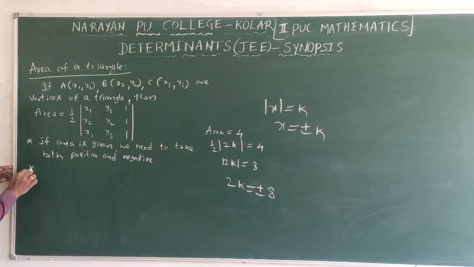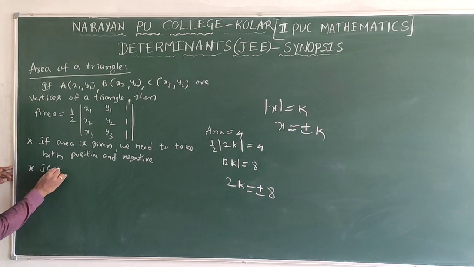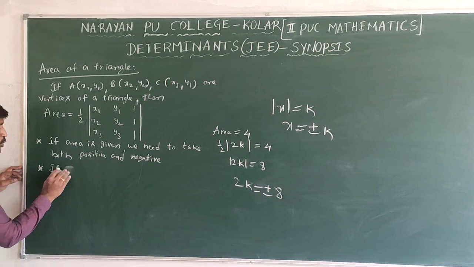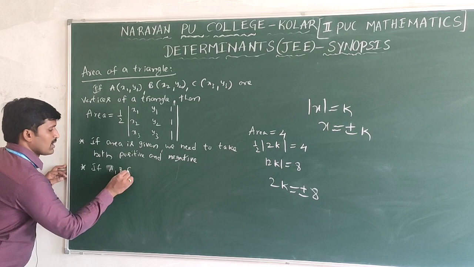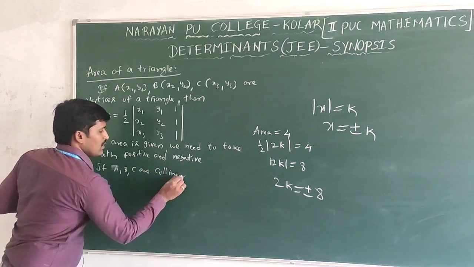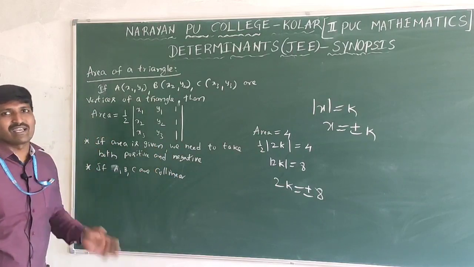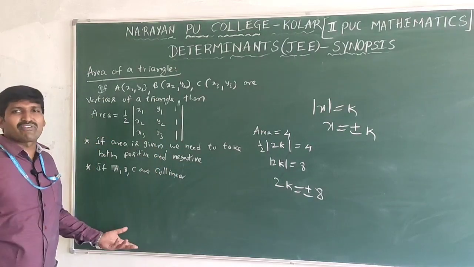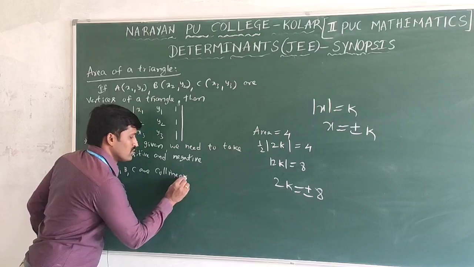Next, if given points A, B, C are collinear, collinear means all points lying on same line. In that case, area of triangle becomes 0.